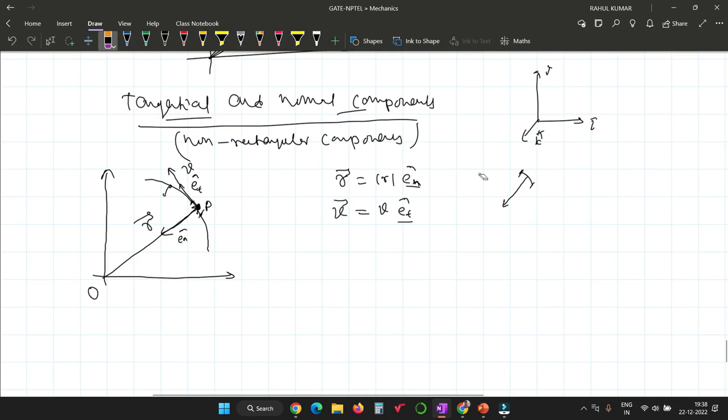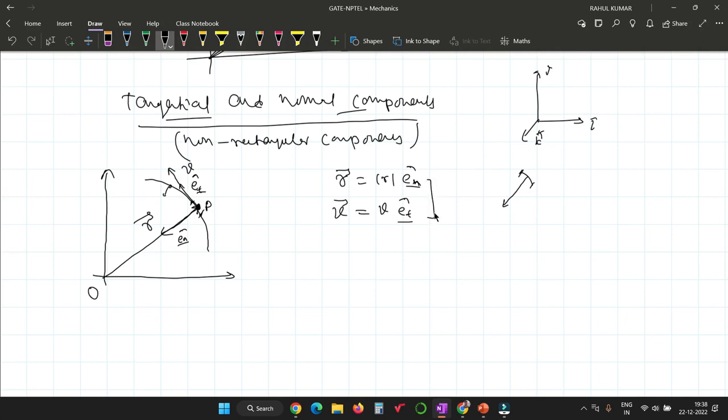But in curvilinear motion, at every instant of time, the direction normal to the arc is e_n, and the tangent to the arc is e_t. It is just an orthonormal basis.